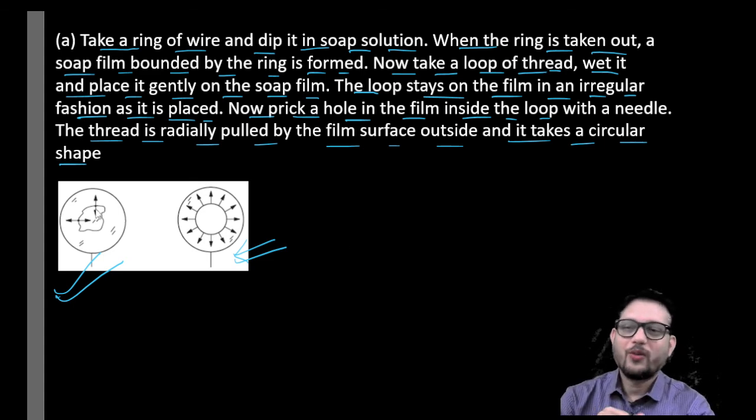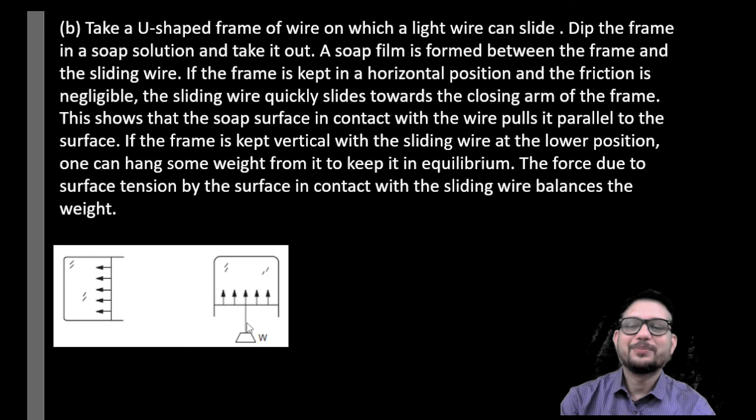Okay, now we can simply move to the next experiment, or the next demonstration in front of you. In this demonstration, what we are going to do, just take a U-shaped frame of wire on which a light wire can slide.